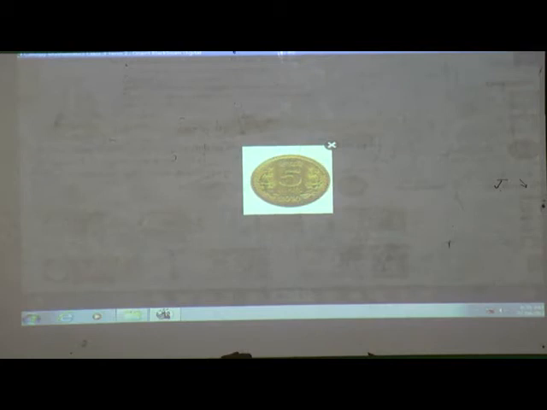Here you can see "rupees" is written. Then see this coin, it is a coin of 5 rupees, because the number 5 is written here and below that "rupees" is there. Next, it is a coin of 10 rupees.